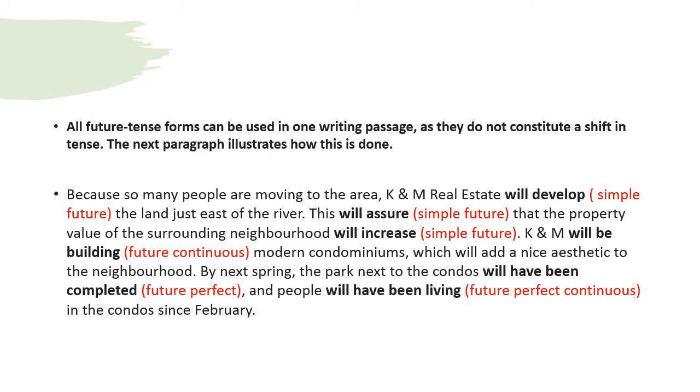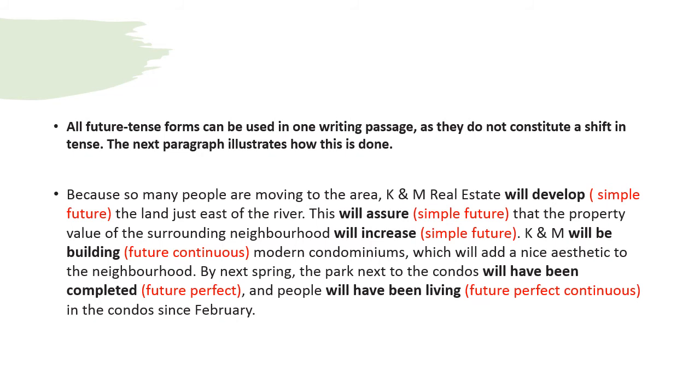This will assure that the property value of the surrounding neighborhood will increase. K&M will be building modern condominiums which will add a nice aesthetic to the neighborhood. By next spring, the park next to the condos will have been completed and people will have been living in the condos since February.